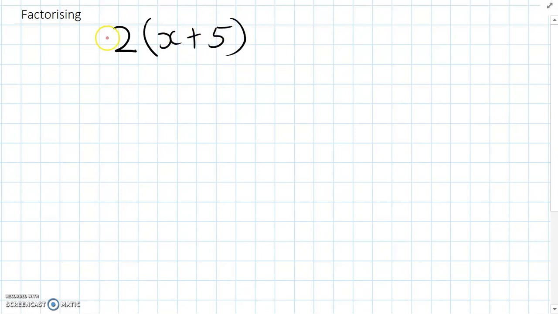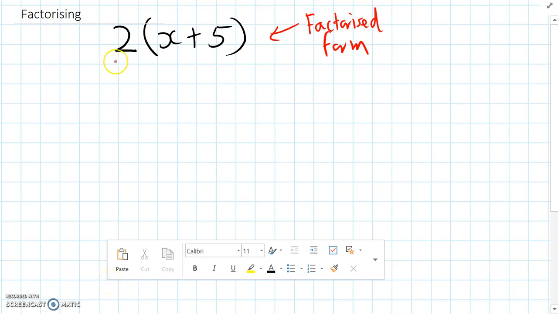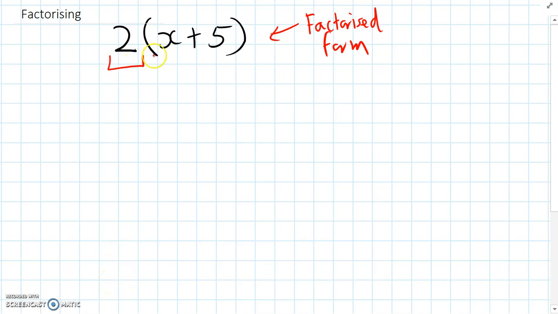So in the last video we looked at expanding expressions, which was going from the factorized form, something like 2(x plus 5), that's the factorized form because we have the 2 multiplying by the x plus 5.